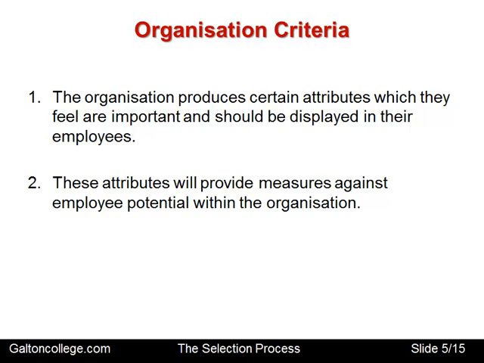If the member of staff, the worker or the employee, is in conflict with the organisation, then clearly that employee does not fit in with the corporate objectives, the ambitions of the business, and there's a point of conflict between them. And it's likely that the employee will eventually leave, because the employee will be unhappy at work, will not relate to the organisation or what the organisation is trying to do.